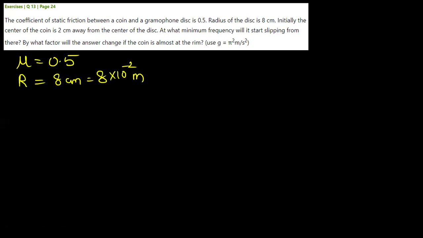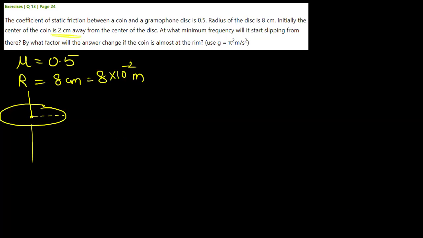So the radius is given as 8 centimeter. Initially, the center of the coin is 2 centimeter away from the center. Let us take one diagram to explain. Suppose this is a disc. This is the axis through which the gramophone is being placed, and there is a coin which is placed on this particular gramophone. Now initially they have told that the coin is placed 2 centimeter away from the center.